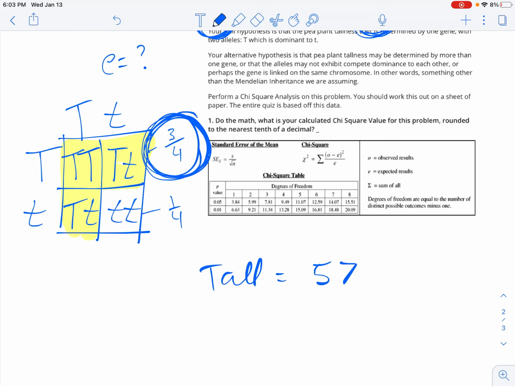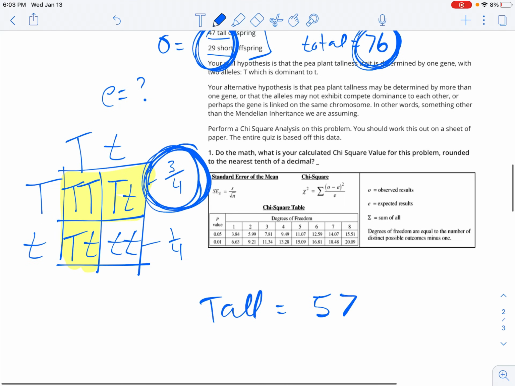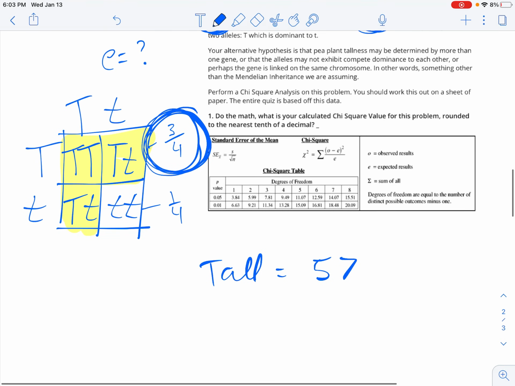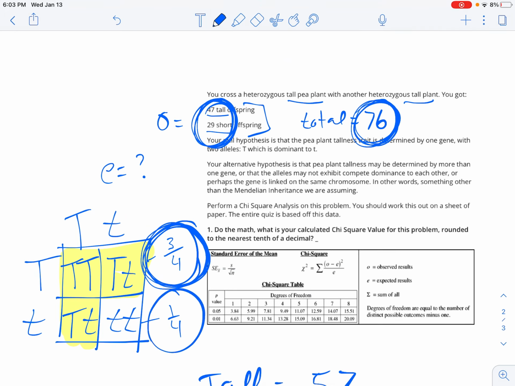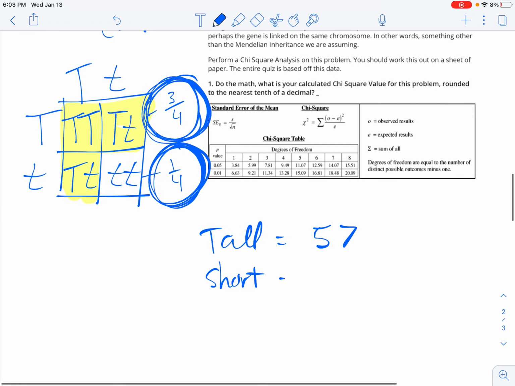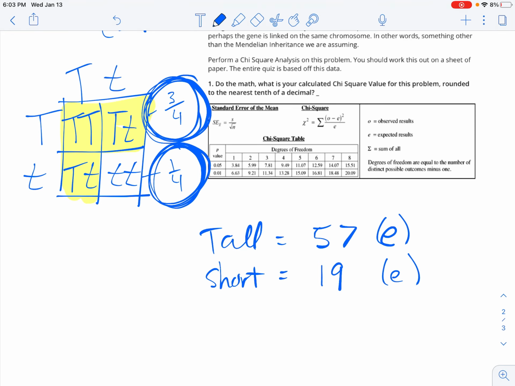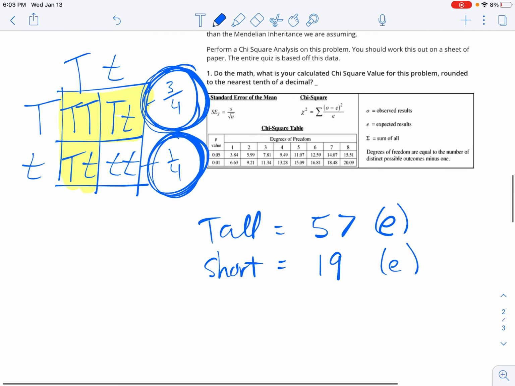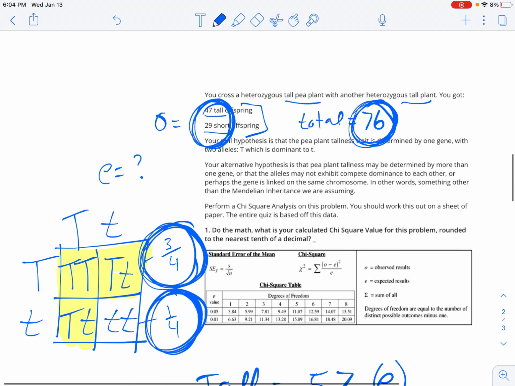I would expect 57 of the 76 to be tall. And short, if I take 1/4 times 76, so 76 times 1 divided by 4, 19. So these are our expected values. Expected 57 tall and expected 19 short. Now we have everything we need to run this.